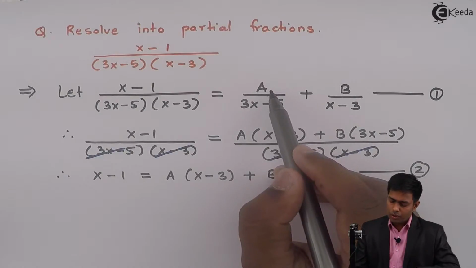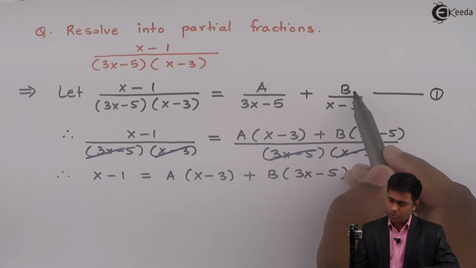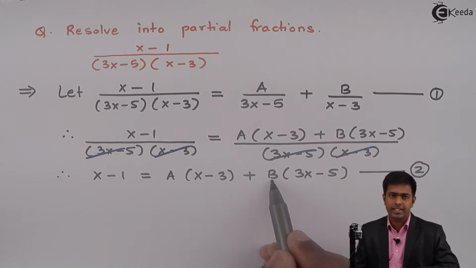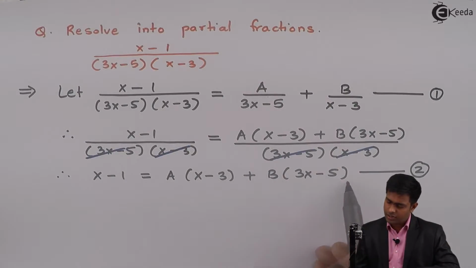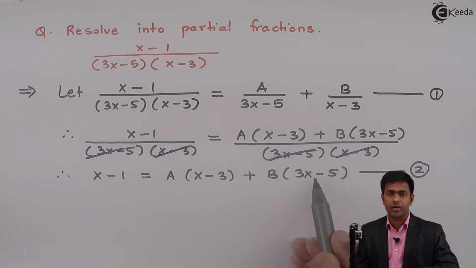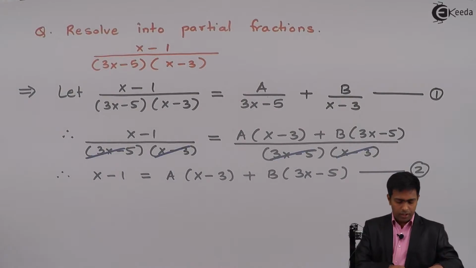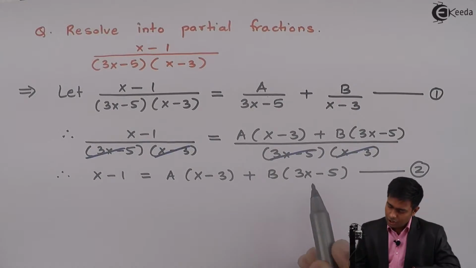To find the value of A, we'll try to make the B term 0, and to make this term 0, we have to make 3x minus 5 zero by substituting the appropriate value of x. So the logic behind this is, you just equate this factor to 0.